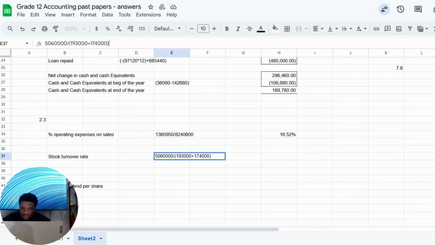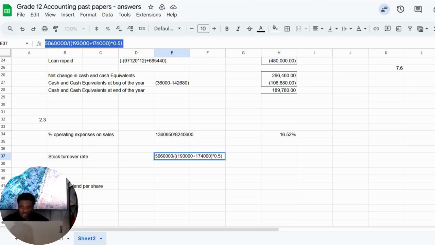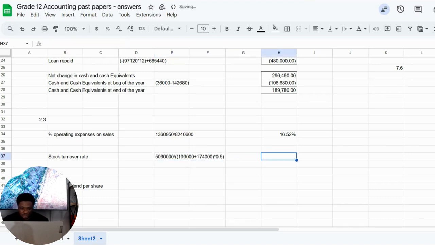Now we want to basically multiply this by 0.5 or divide it by 2, but obviously here I'm doing the calculation, so I'll multiply by 0.5, and therefore that would give us a stock turnover rate of 27.57 times. So this is times. That means that we stock and replenish about 28 times per year.